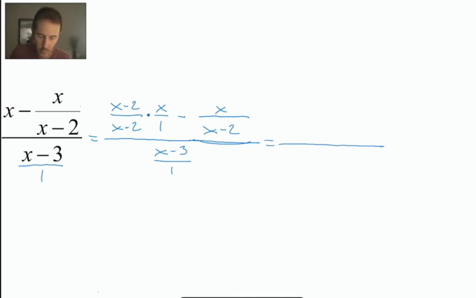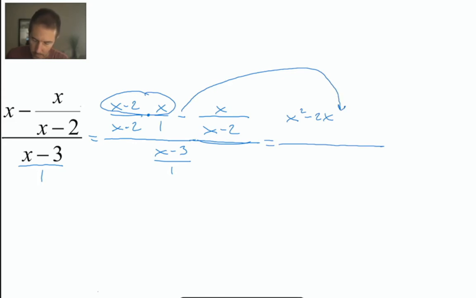So I'm going to multiply these numerators together. I'll write that as x squared minus 2x. And then this minus sign is going to come over here, minus, and then this x, all divided by the common denominator of x minus 2, all divided by x minus 3 over 1.